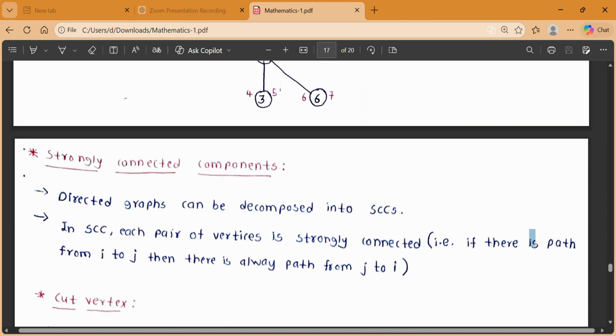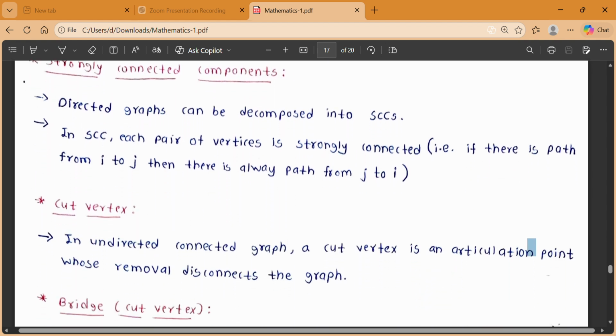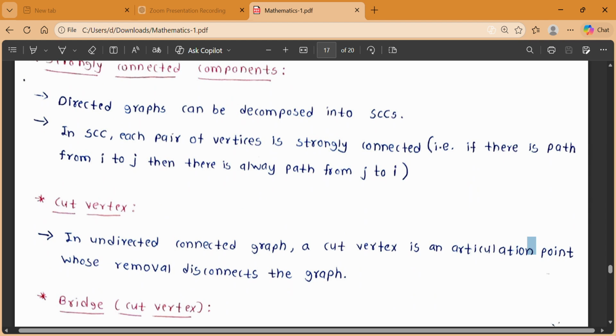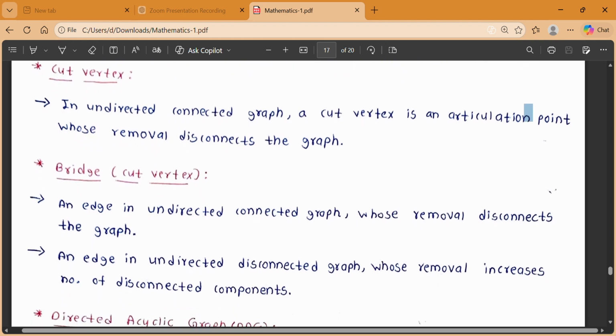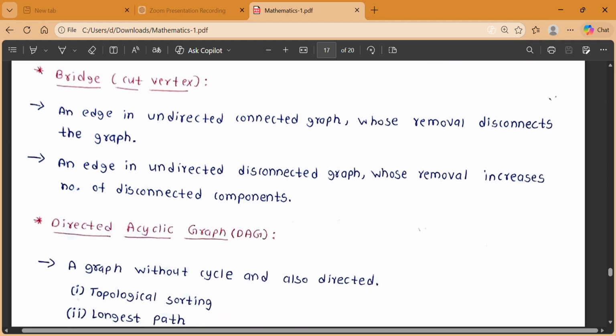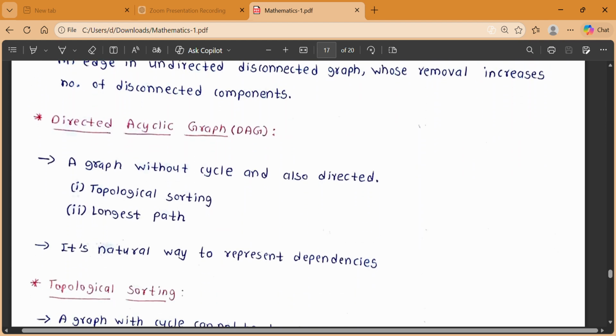Strongly connected components: a directed graph where there is a path from vertex i to j and back; it can be reversed. Cut vertex and bridge: removal of a vertex increases components. Directed acyclic graph, a directed graph without cycles, has topological sorting, and longest path, and it is a natural way to represent dependencies.